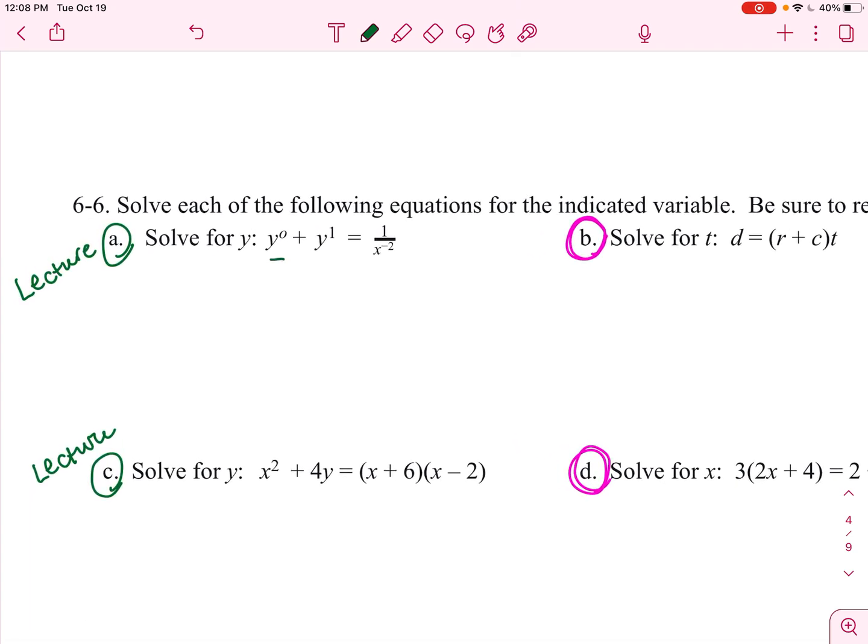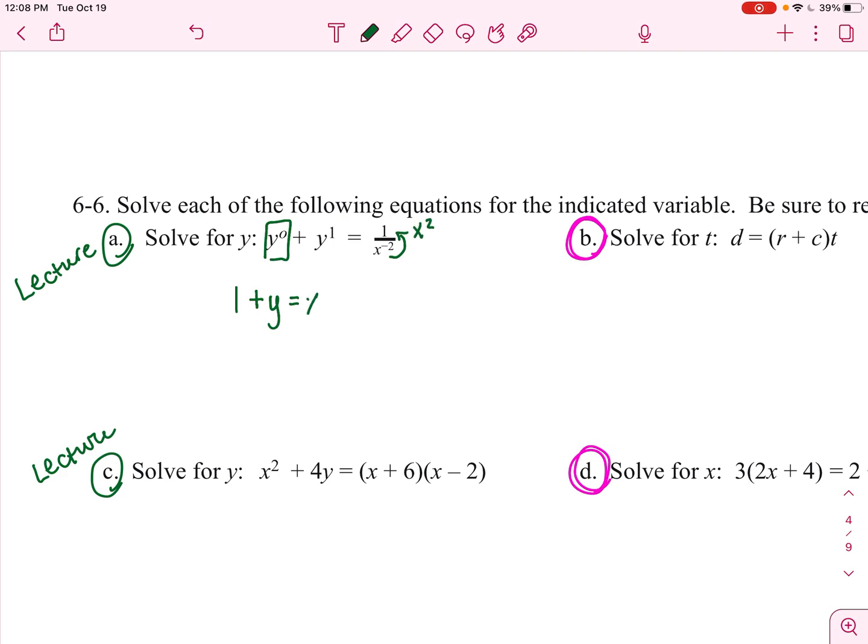A, anything to the 0 power, I don't care what it is, is always 1. Y to the first can be rewritten as Y equals, well, a lot of times we don't like negative exponents. If we have a negative exponent in the denominator, we can bring it up to the numerator as a positive exponent.